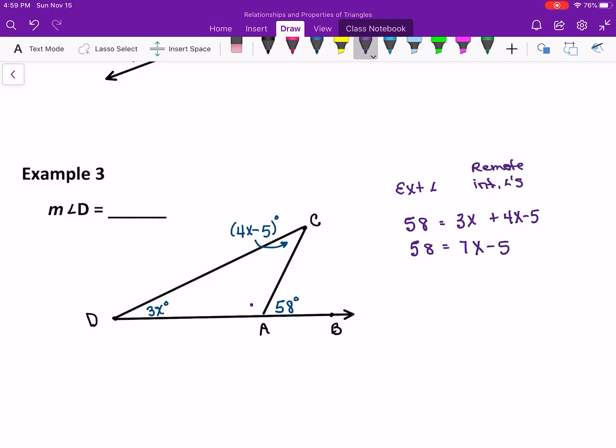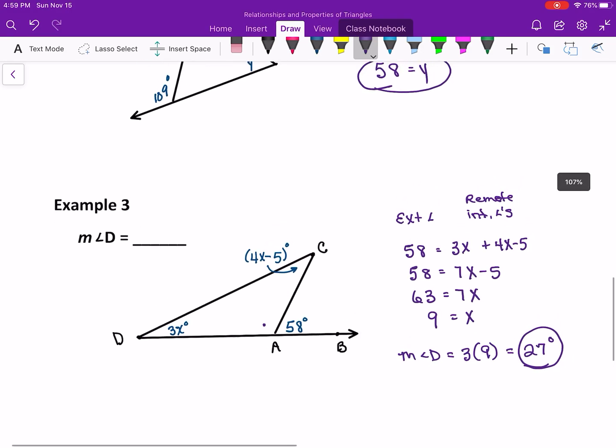Add 5 to both sides of the equation, so 63 is 7x. And divide both sides by 7. So our x is 9. We haven't answered the question yet. We've found x, but we haven't found the measure of angle D. The measure of angle D is 3x, so that would be 3 times 9, or 27 degrees. Make sure you answer the question.